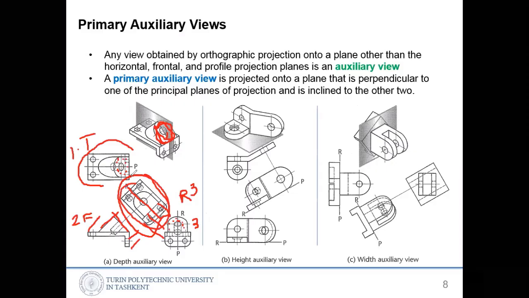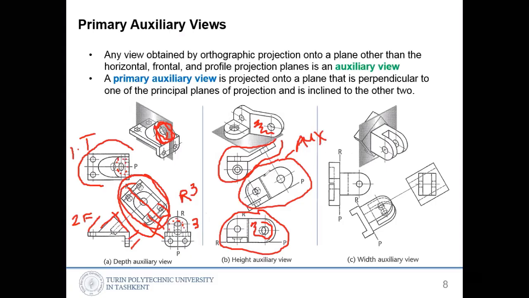That's the auxiliary view. Also in this example, this side is inclined, so from this top view and this front view we cannot define this shape. That's why we create this one, the auxiliary view.